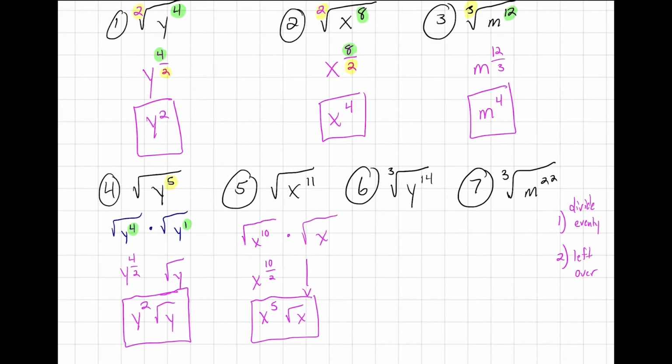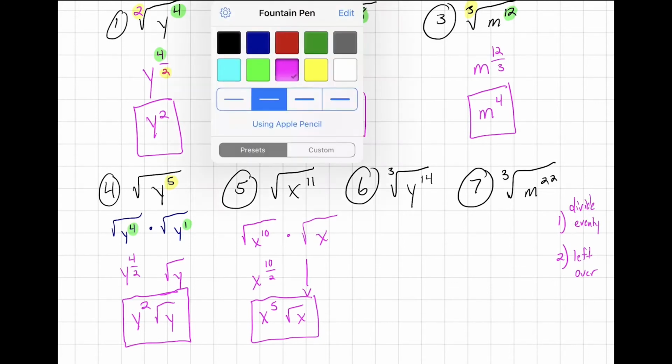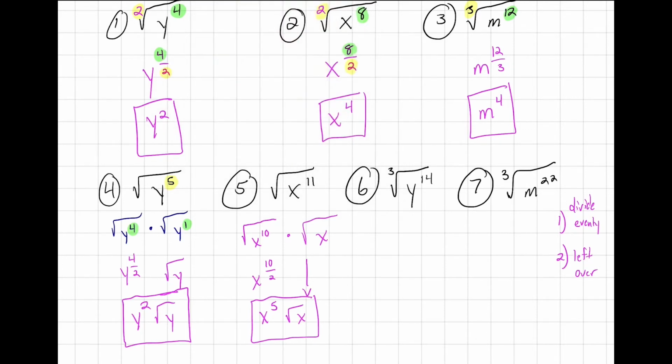Moving on to problem 6 and 7, notice that we are using cubed roots, and so our first part, which I want to highlight and draw your eyes to, is that the first radical we create needs to divide evenly. So I have to think about something that 3 will divide evenly into.